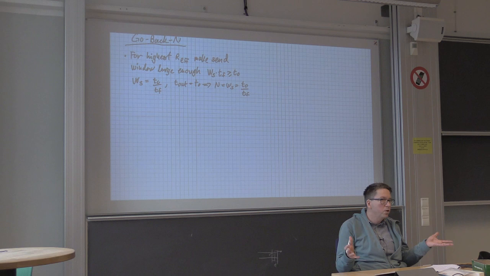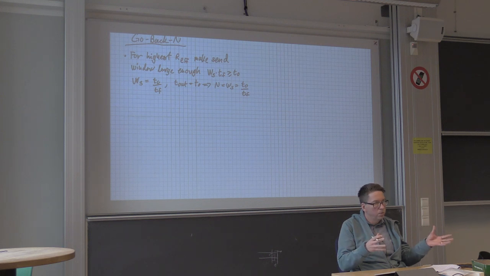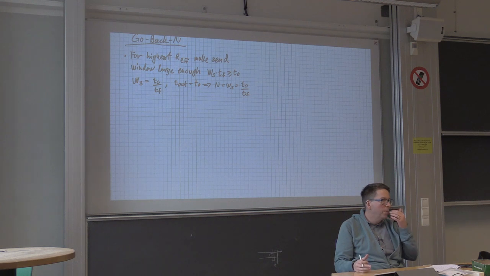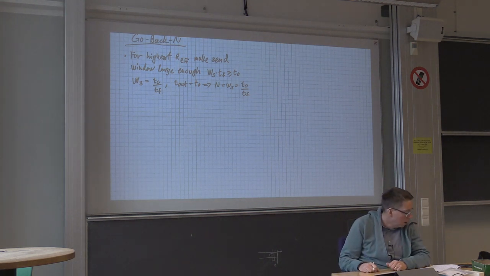Okay, so this is typically what we would like to do. We put the timeout to be slightly longer than the reaction time, just as we did in stop and wait, and we make sure that we have enough space in the send window to keep the channel busy.